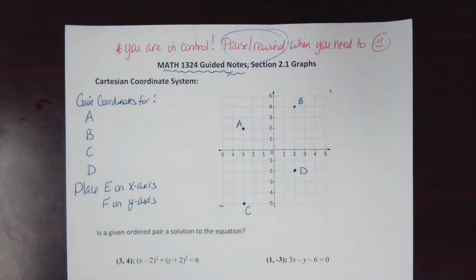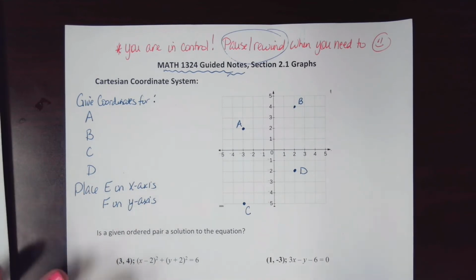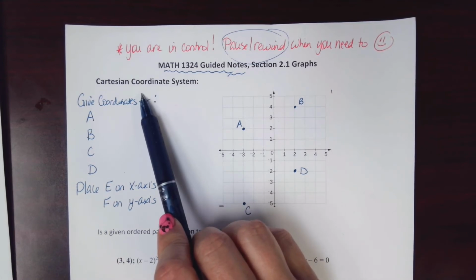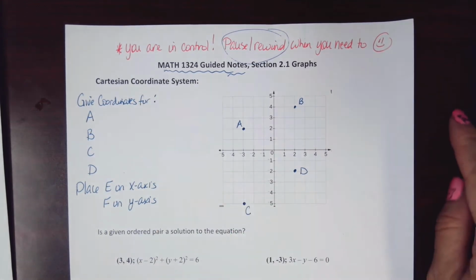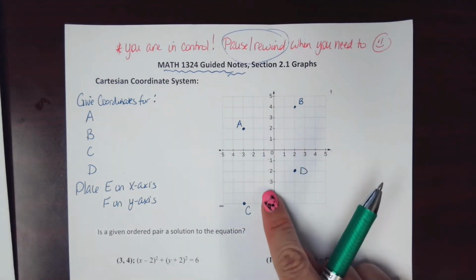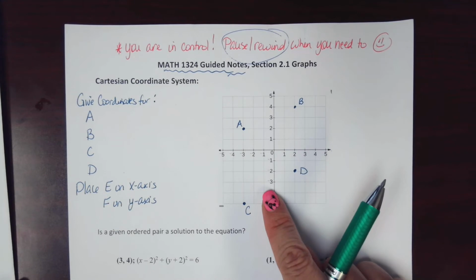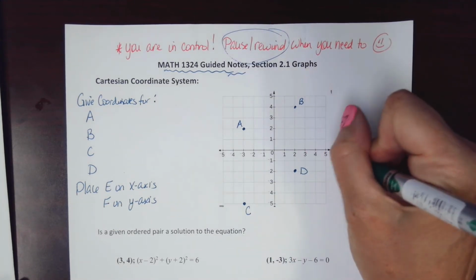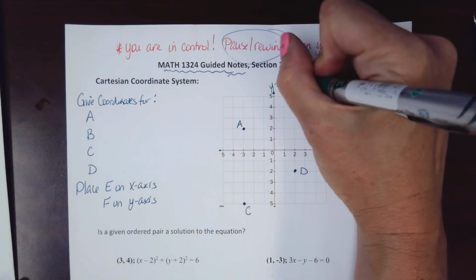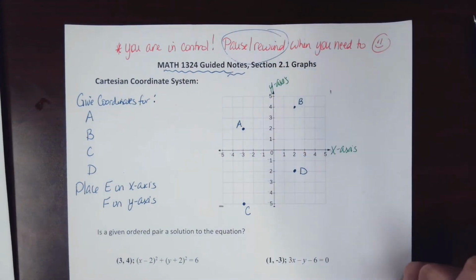Okay, so we're going to start out with hopefully a review of graphing lines and of the Cartesian coordinate system. Now, you may not have heard it called the Cartesian coordinate system before, but you've used this graphing format before. This Cartesian coordinate system has two axes, a horizontal x-axis and a vertical y-axis that divide the plane into four quadrants.